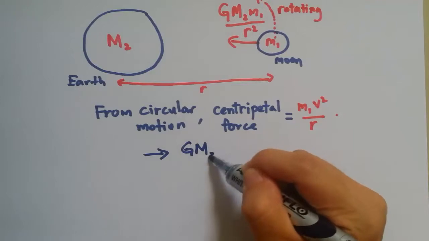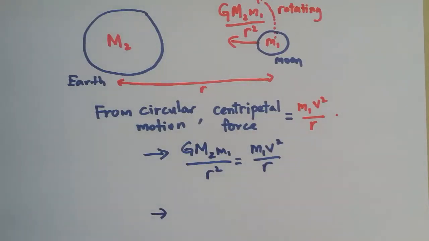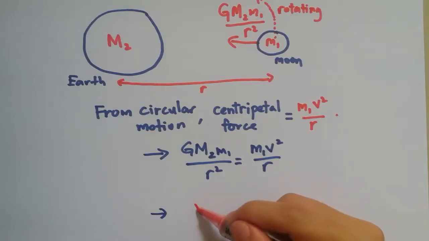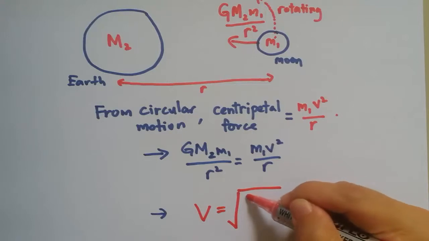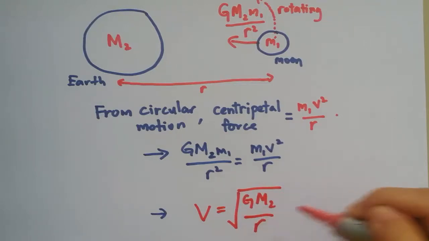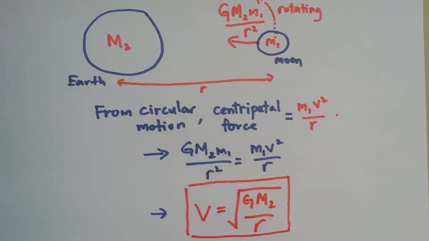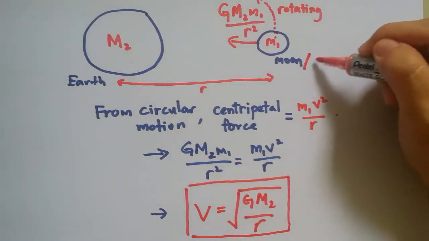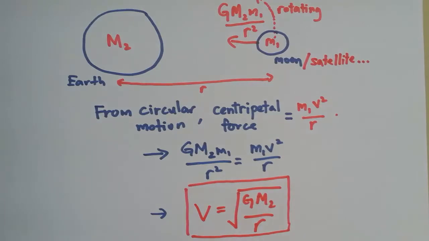We then equate this force with the centripetal force, and by simple mathematical manipulation of making v the subject, we realize that the velocity of the Moon while rotating about the Earth is the square root of GM over r, where M is the mass of the Earth. Note that for this example, m is the Moon. However, it can be a satellite or any other body that rotates about the Earth.